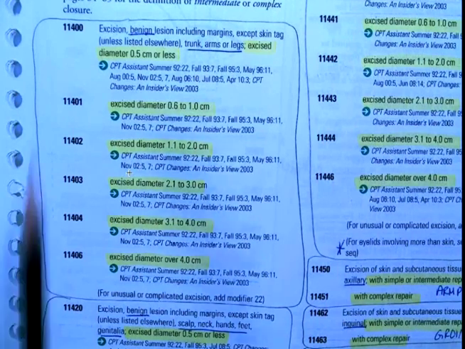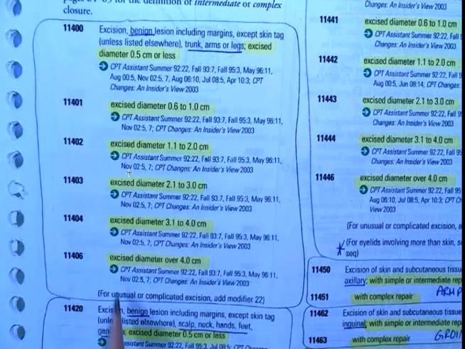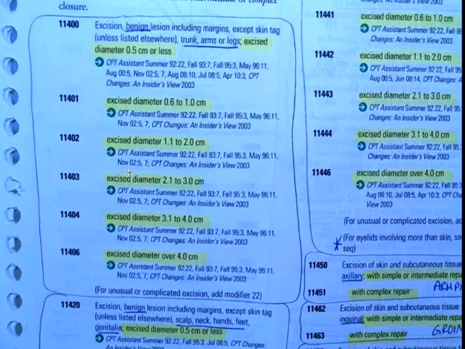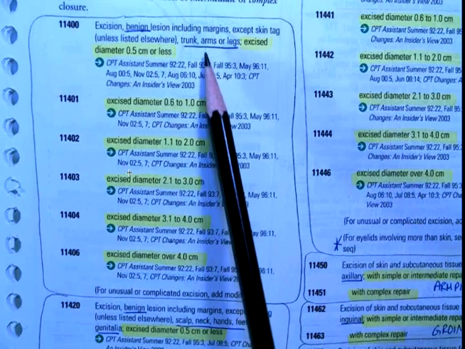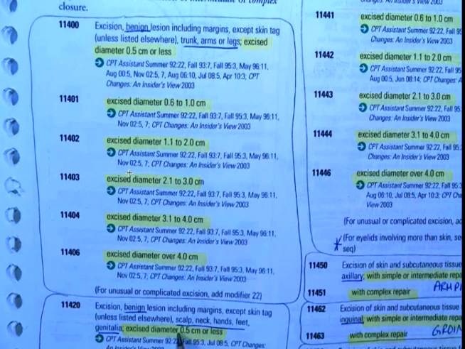So we have a 11400 bubble, and all the indented codes get bubbled in with it. Then the next bubble starts with 11420 and goes all the way to the next column, 11426. The difference between the bubbles for this excision of benign lesion is location. The first one is trunk, arms, or legs, the second is scalp, neck, hands, feet, and genitalia, and then a third bubble covers all the other body areas.